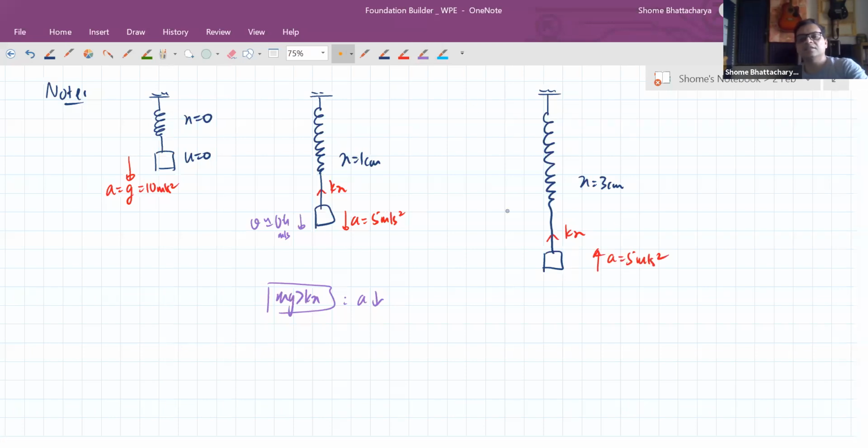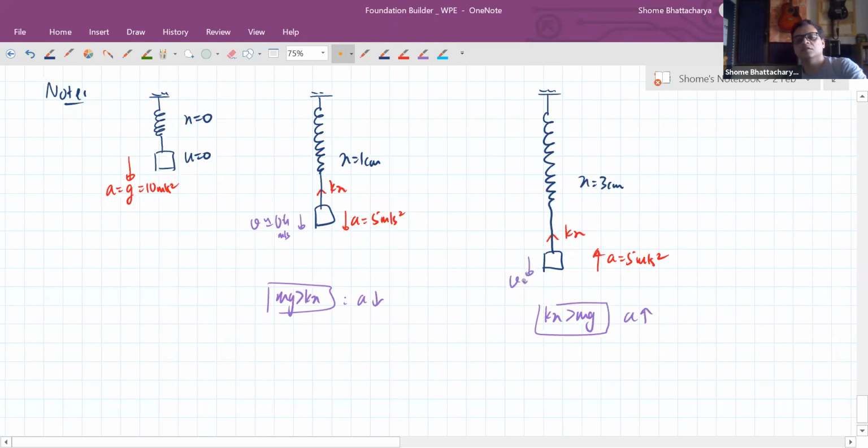And again its speed has become nearly 0.4, but it is decelerating because it's going down but with an upward acceleration, whereas at this stage it is going down with a downward acceleration, so it is accelerating. So weight is dominating, so it's accelerating, but then it crosses that and now kx dominates over weight, so it's decelerating.